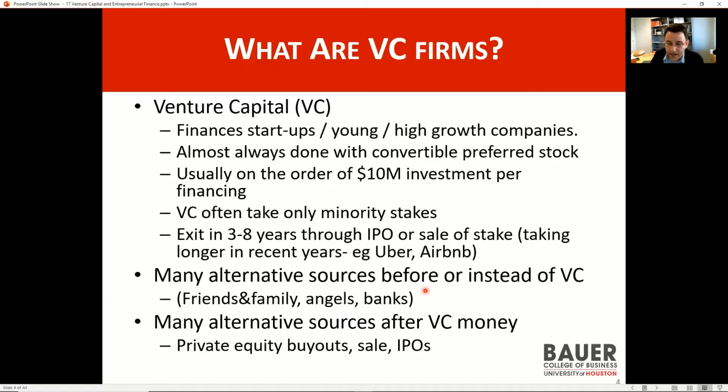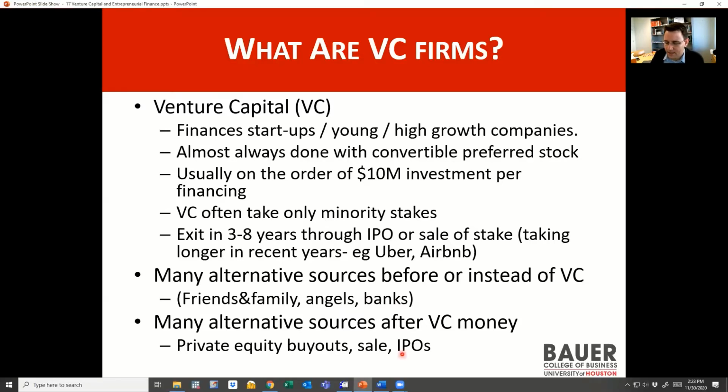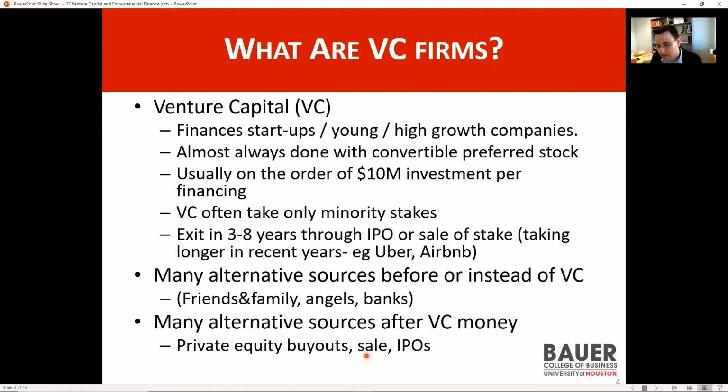Or of course, banks. If you have a company that is amenable to having collateral, you could go through bank financing. After some VC rounds, like I said, the quintessential exit would be an IPO, but you could sell the company as well, or you could sell to another private equity company. It could be even another venture capital fund.